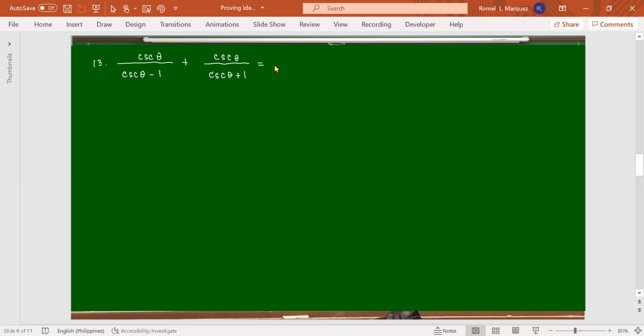And this is equal to 2 secant squared theta. Okay?